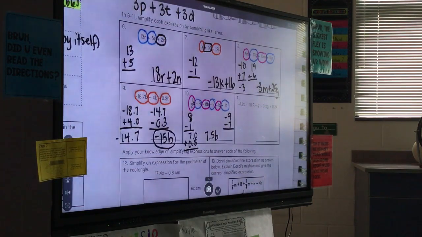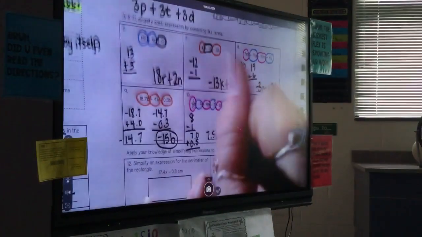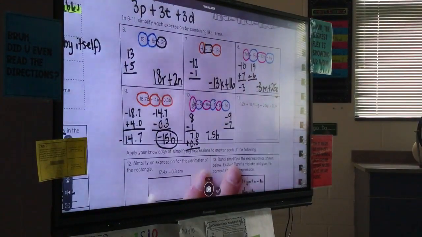I'm not asking you to do this on your paper. I'm just asking you to visualize that number line, be like, okay, this is this, and I'm subtracting, or this is this, and I'm adding. Does that make sense? All right, so we end up with negative 16?